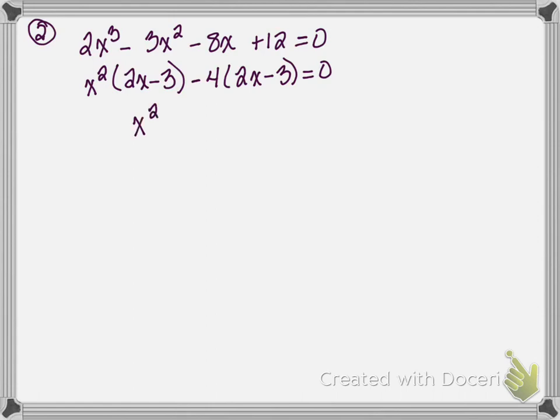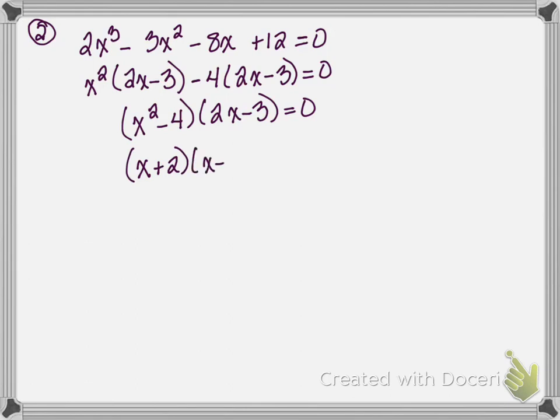I'm left with x squared minus 4 times 2x minus 3. Am I done factoring? No, I'm not. That x squared minus 4 is a difference of perfect squares. So that's x plus 2, x minus 2, and 2x minus 3.